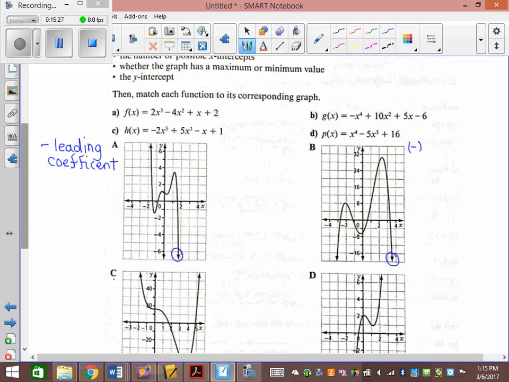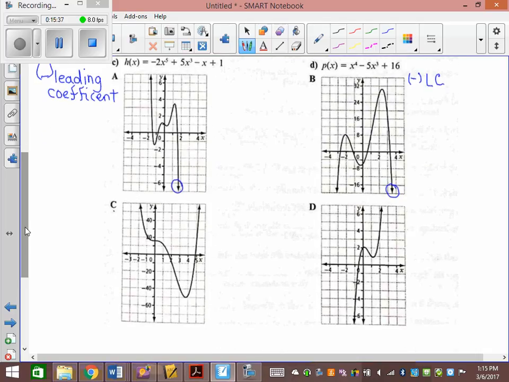Negative leading coefficient. This one ends up on the right, so it has a positive leading coefficient. This one ends up on the right, so it has a positive leading coefficient.